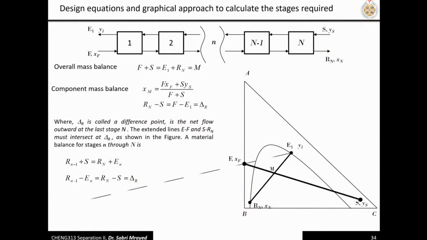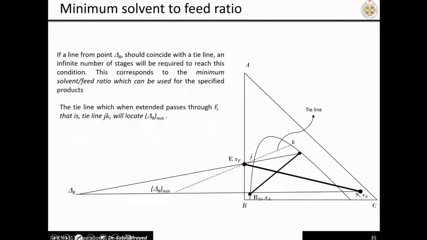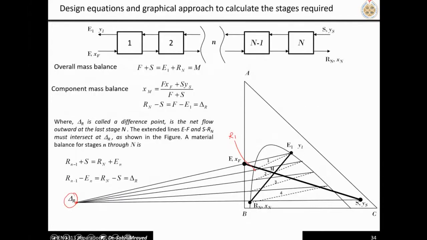So you start with this one, and the first step is to generate this intersection point, and then you start with y1, you get x, which represents r1, because y1 and r1. Now you have r1, you can get e2, and so on. Is this clear?